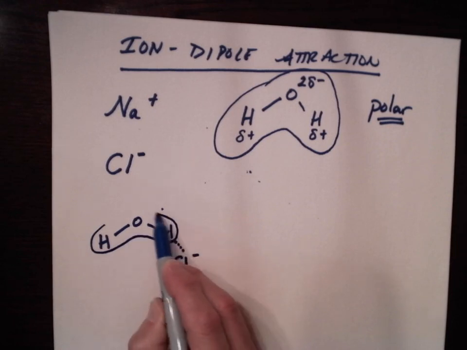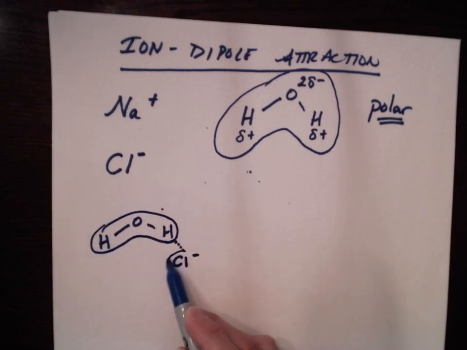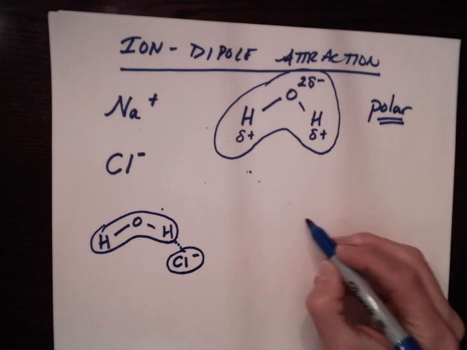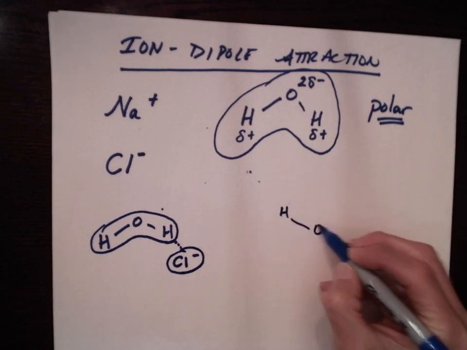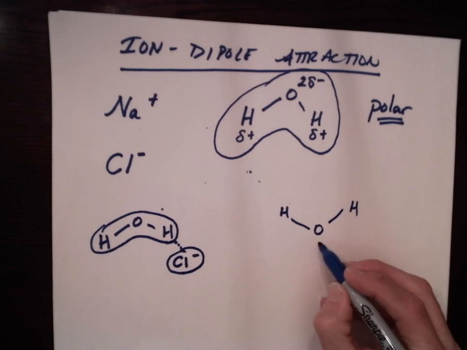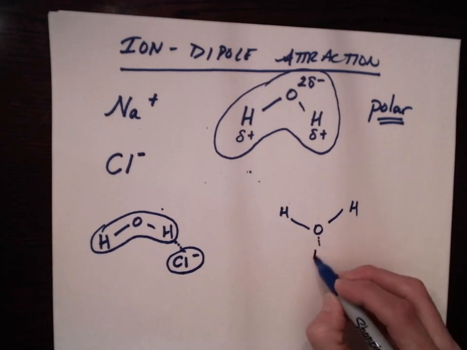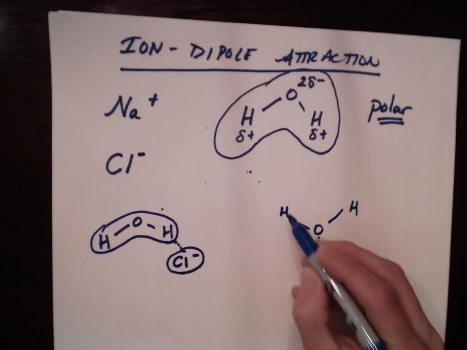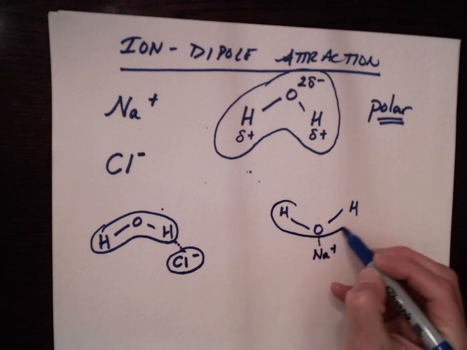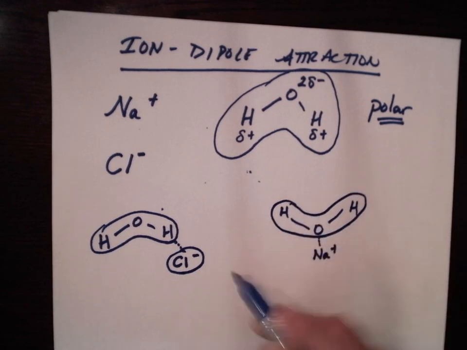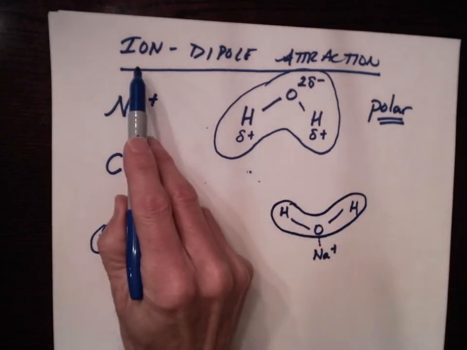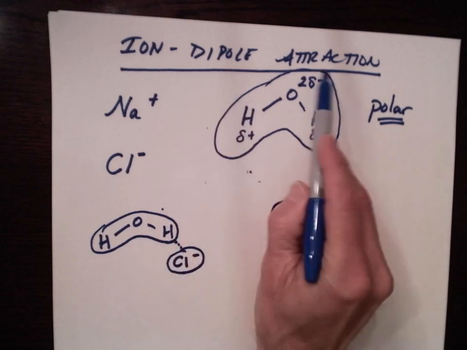We'd expect the hydrogen atoms on water to be attracted to a chloride ion. And we'd also expect the oxygen atom on a water molecule to be attracted to a sodium ion. And this would be two different examples of ion-dipole attractions.